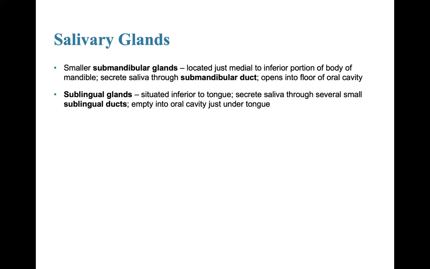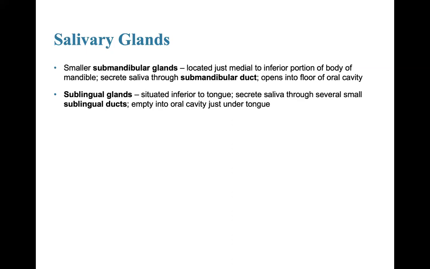Smaller submandibular glands are located just medially to the inferior portion of the body of the mandible, and they secrete saliva through the submandibular duct, which opens to the floor of the oral cavity.